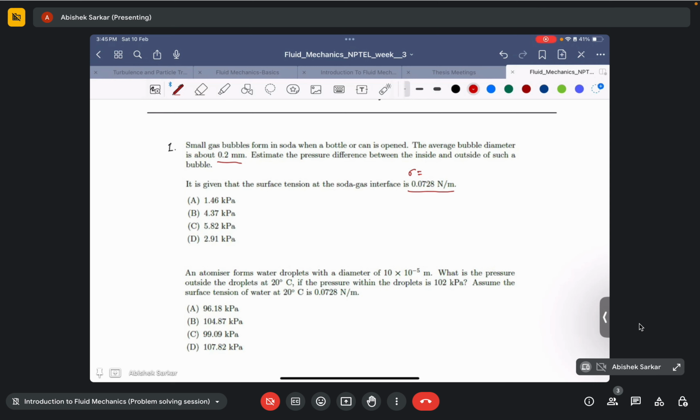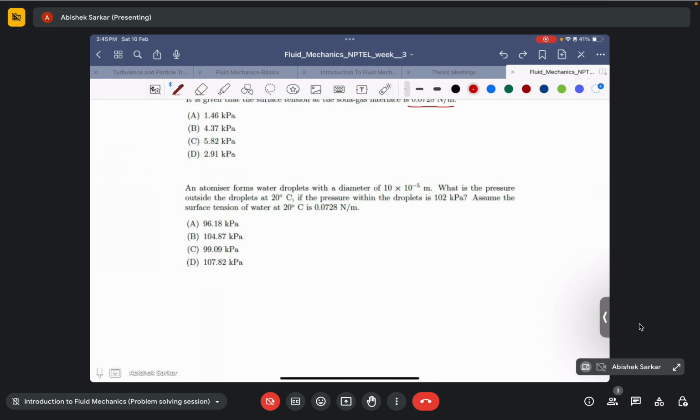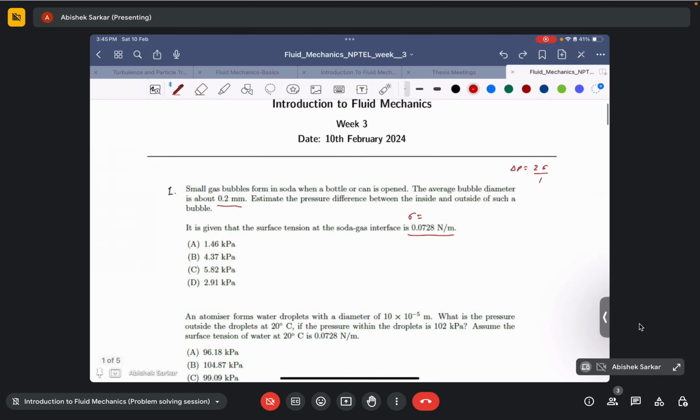Is the question clear? Yes, sir. It's asking about the pressure difference. Yes. The formula that we saw, right? Delta P is equal to 2 sigma by R for a liquid droplet, and delta P is equal to 4 sigma by R for a spherical bubble.